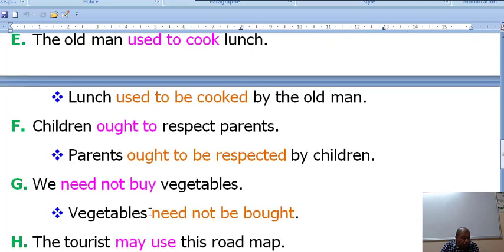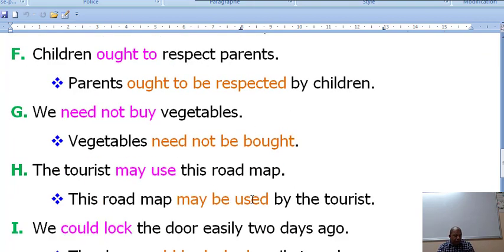Children ought to respect parents. Parents ought to be respected by children. The same rule. We need not buy vegetables. Vegetables need not. As a modal, we bring be, because buy is just in the infinitive, and buy as a verb becomes past participle. Vegetables need not be bought.